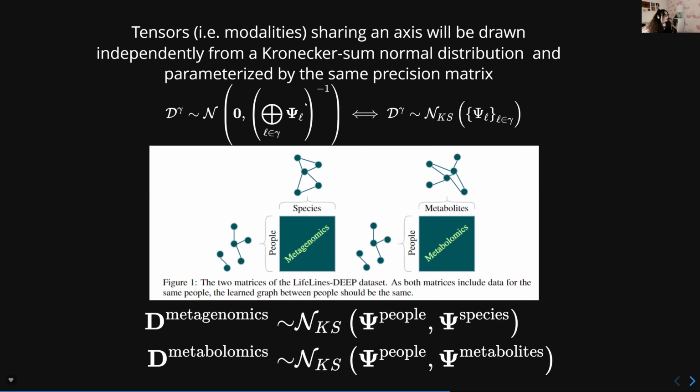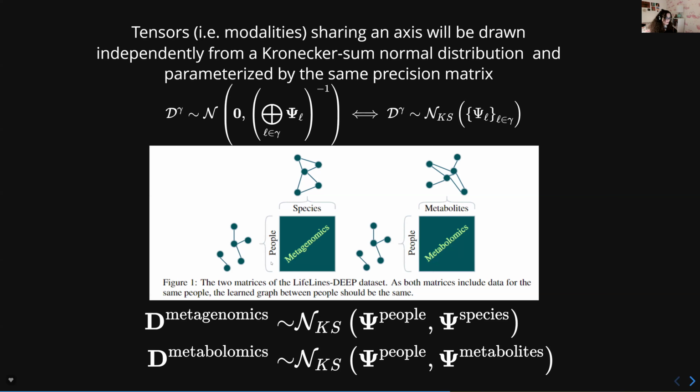The idea is that when we parameterize all of these, the shared axis will have, in this sum, the same precision matrix. You go down here, you see we have the same precision matrix here and here.